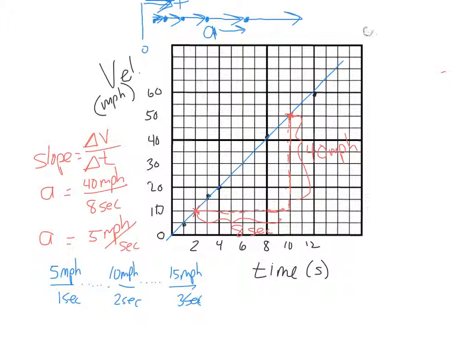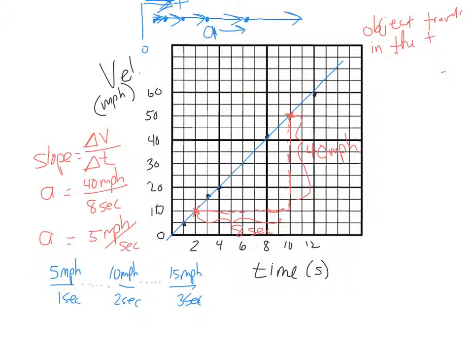Well, let's see. Object travels in the positive direction. I'm just going to use plus because this little stylus is not working very well.